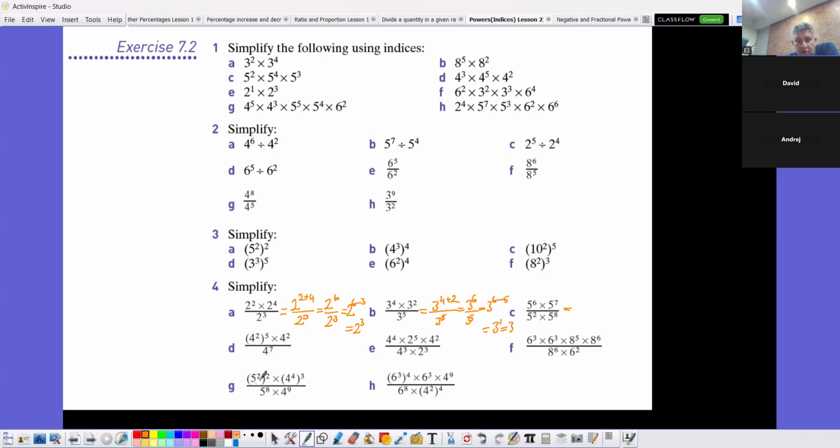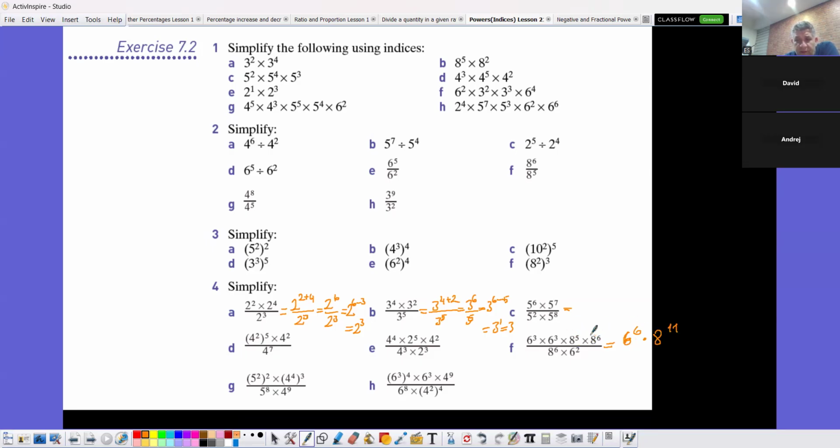But here we are going to combine fives together and fours together. Because all the operations between them are multiplication, 8 to the power of 5 times 8 to the power of 6 is 8 to the power of 11.